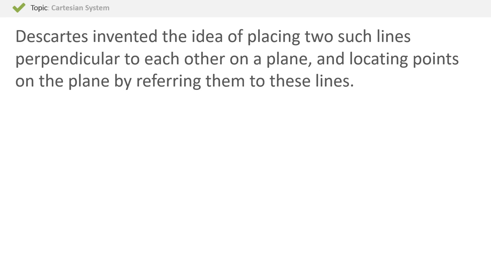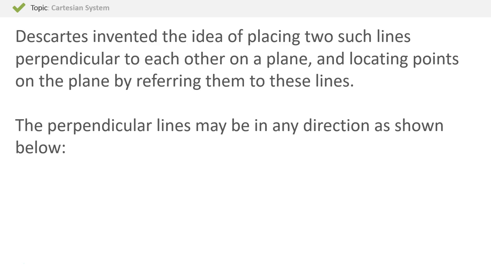Now, what is Cartesian system? Descartes invented the idea of placing two such lines perpendicular to each other on a plane. Basically, take two lines perpendicular to each other, place them on a plane, and locate points on the plane by referencing them to these two perpendicular lines. Now these two perpendicular lines can be put in any way on the plane.